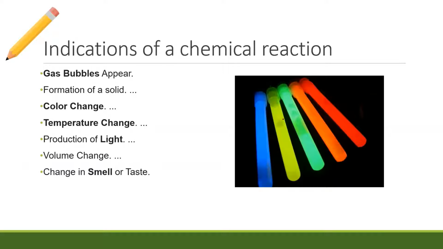If someone says, I added this chemical to this chemical, and nothing changed, but it started to smell like bananas, well, then you've got a chemical change because you've made something new. You've got a new smell. You may also have gotten a temperature change, so the system may have heated up. So keep those in mind. You don't need to memorize them all, but you do need to know that when you see one of these things, it means a chemical reaction's happened.